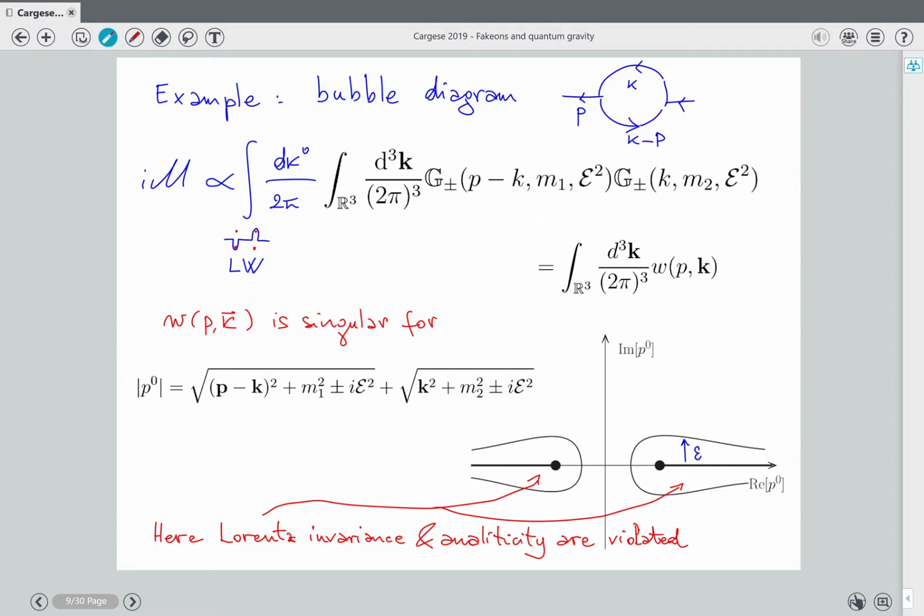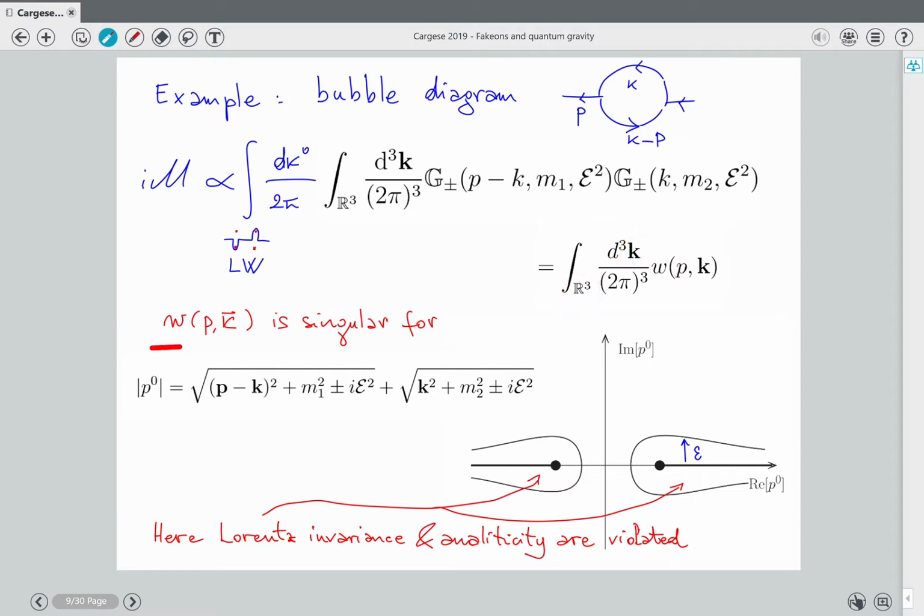That's very easy. And you will end up with an expression like that, the integral on the space loop momentum of some integrand. Now, what about the analytic properties of your amplitude? The amplitude is analytic anytime the integrand is non-singular for every k belonging to the domain of integration of k.